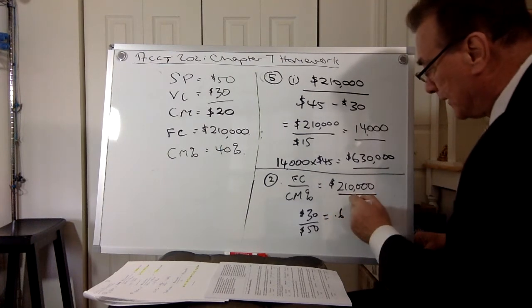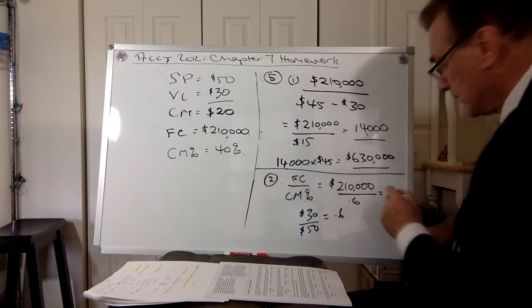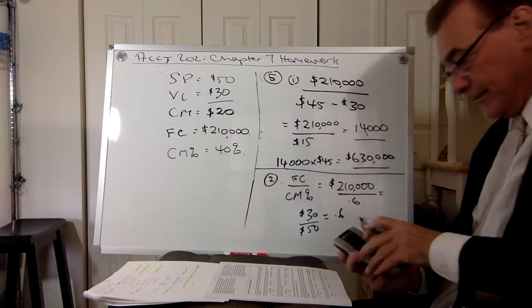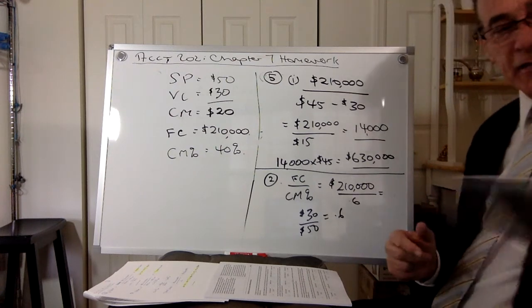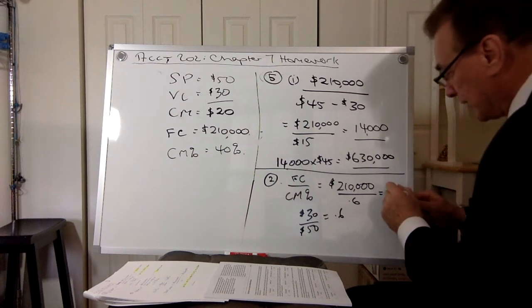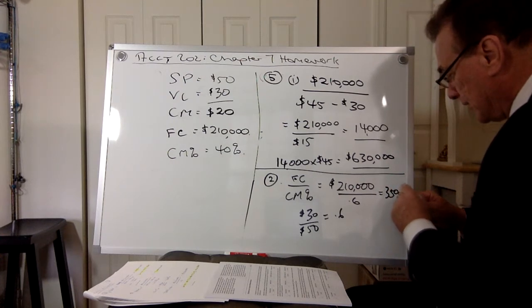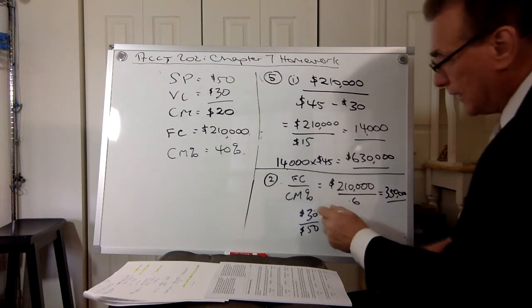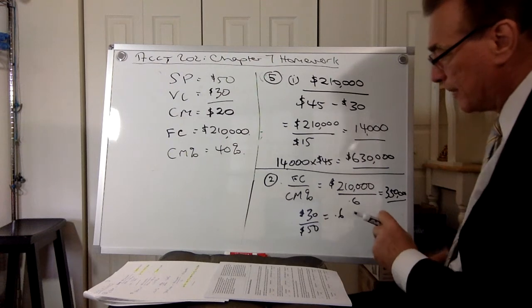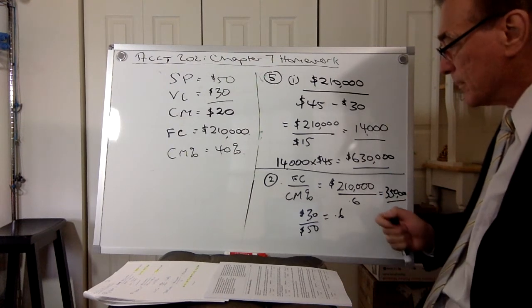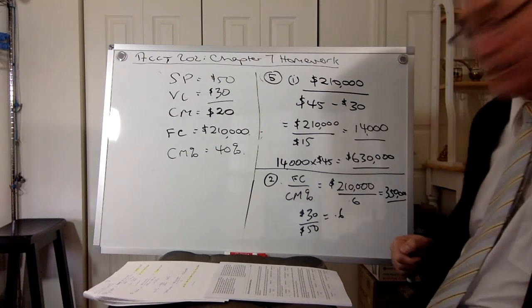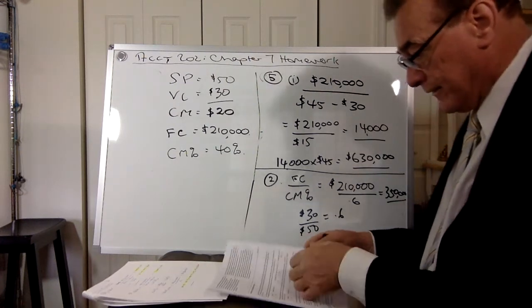So 210 divided by 0.6, get your calculator out again, is the 350,000, just like we had before. Two ways you can do it. One, just take the number of units multiplied by the selling price, or two, get your contribution margin percentage and divide it into your fixed costs. So that's question 5.